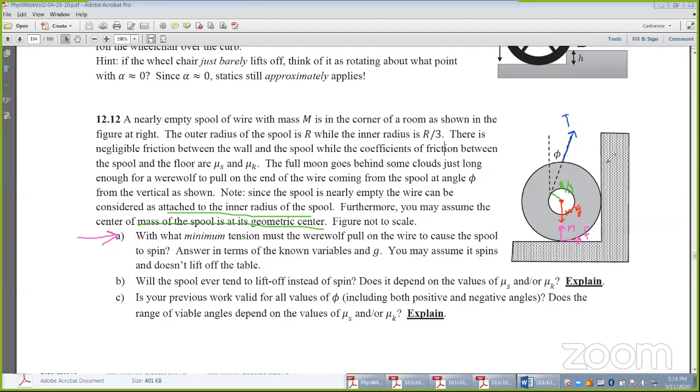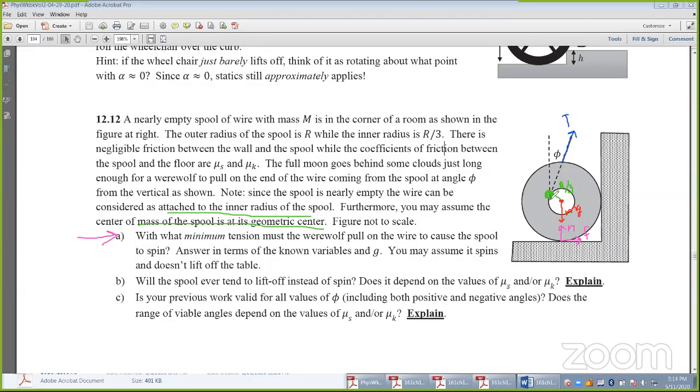Now, before we go on here, I see two obvious choices of pivot point. We're trying to figure out the tension on 12.12. I want you to humor me. Do you agree this is a terrible choice?